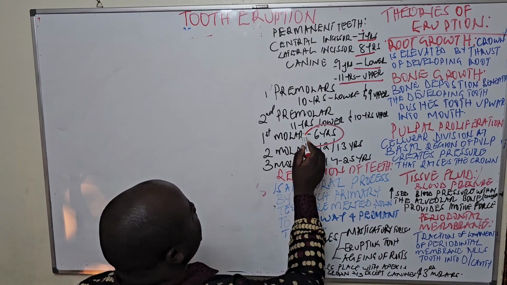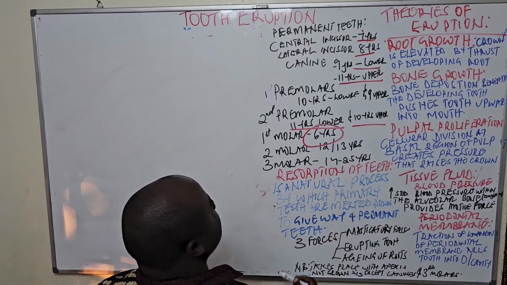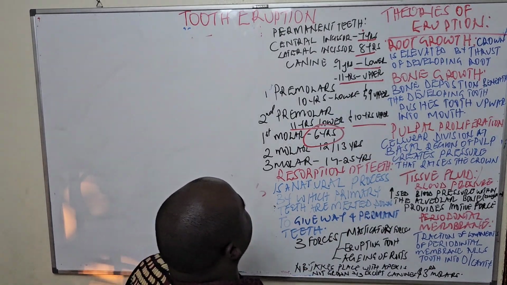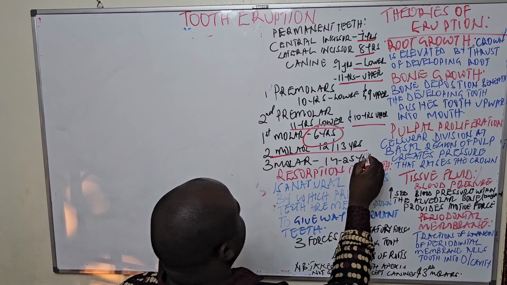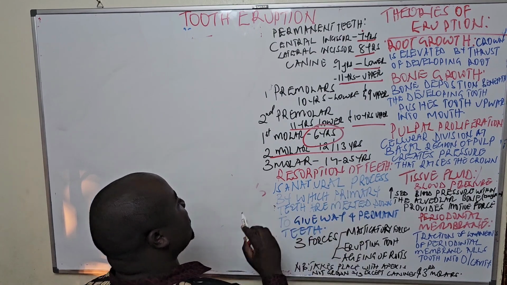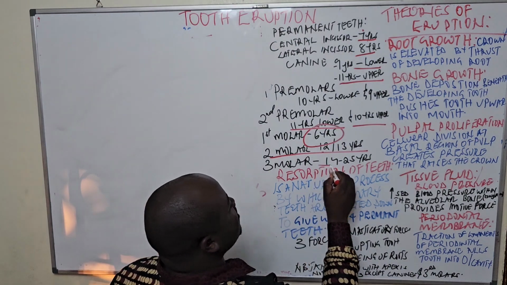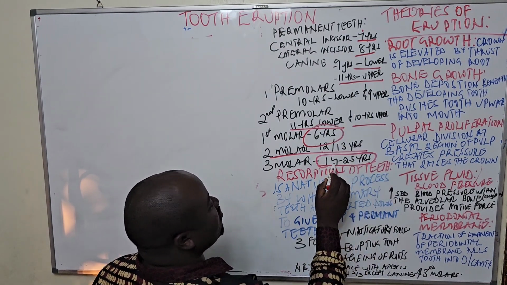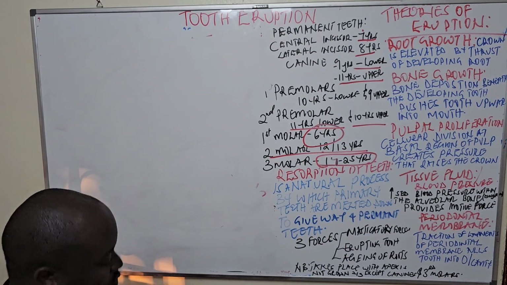The premolar, the lower one 11 years, the upper one 10 years. The molar, 12, 13 years. The last molar, that is the wisdom tooth, we said it comes at between 17 years and 25 years.